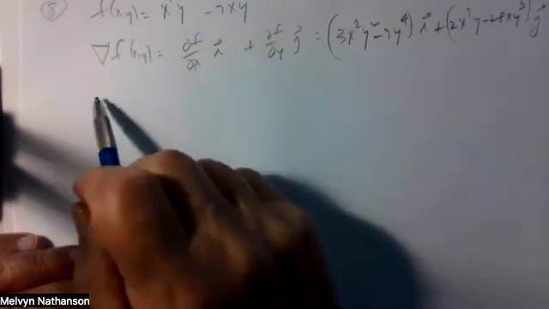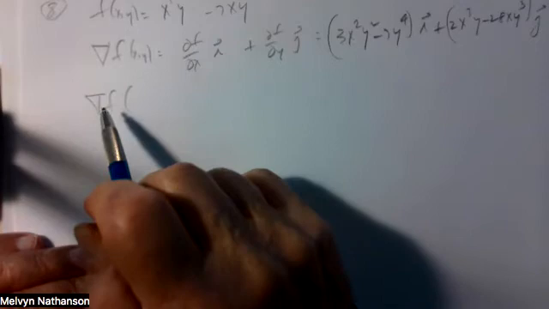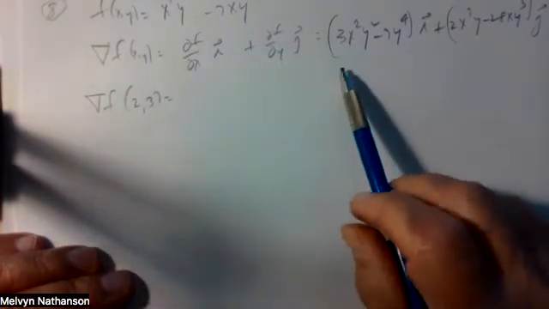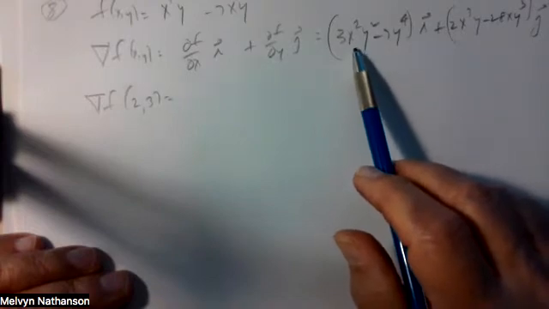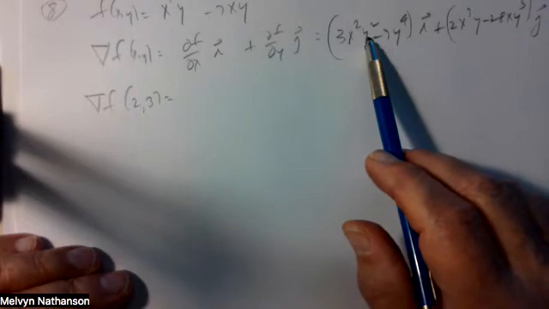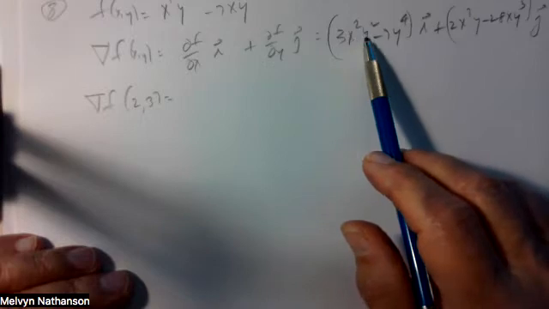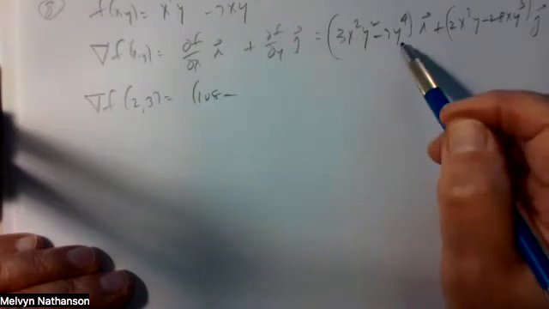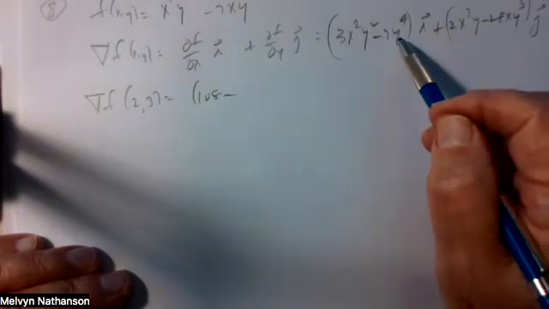That's the gradient. And the gradient at the point (2, 3), you just evaluate this when x is 2 and y is 3. When x is 2, this is 4. When y is 3, this is 9. So 4 times 9 is 36, times 3 is 108. Minus 7 times 81.